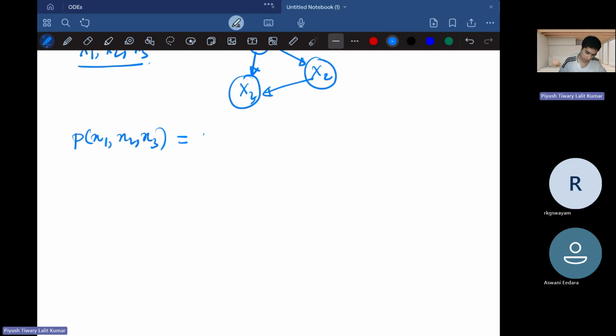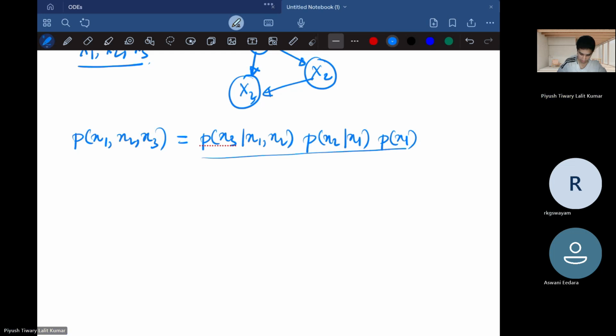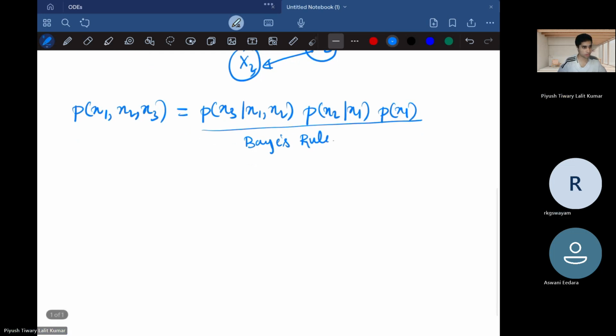You can write this as P of x3 given x1 comma x2, P of x2 given x1, and P of x1. This is nothing but simple, plain Bayes rule.